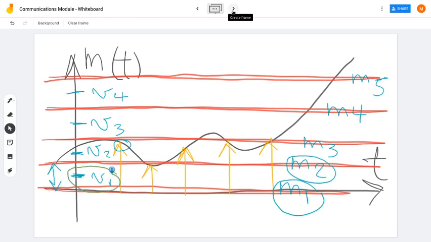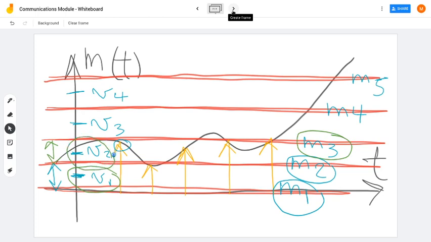So all the amplitudes in this range between these two red levels, M1 and M2, will be represented by a value V1. And similarly, all the message values between these two levels, M2 and M3, will be represented by just one value, which is V2.